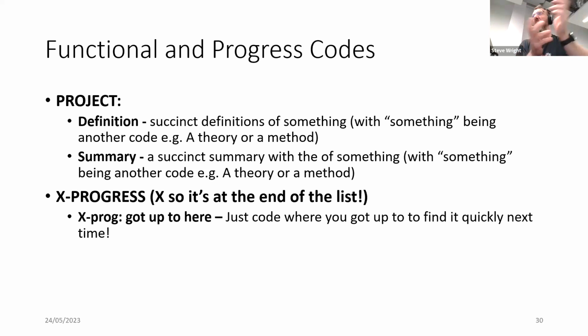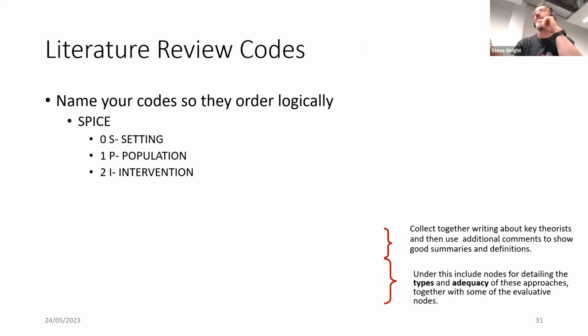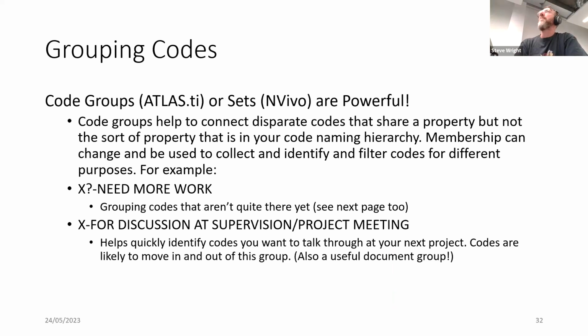So if there's a really nice summary in one of the papers of this condition, you might tag that with summary, and then you'd be saying, right, I want to just see where was the really good summary of that. And again, as I've mentioned before, you just need to prefix them with numbers to keep them in order, because otherwise it will default to alphabetical order.